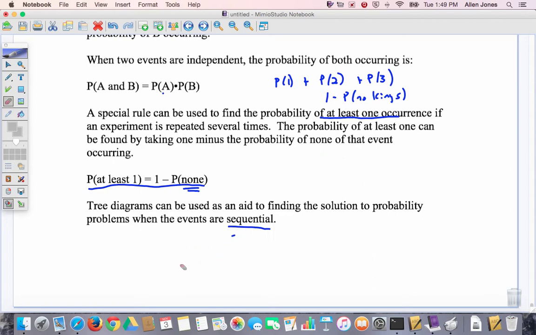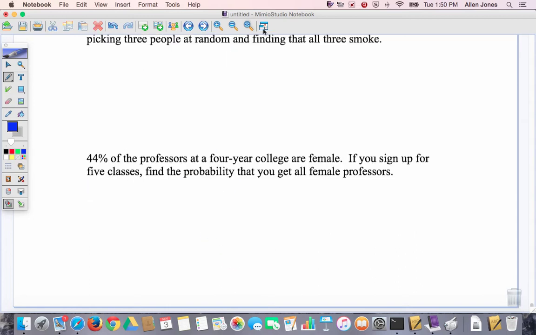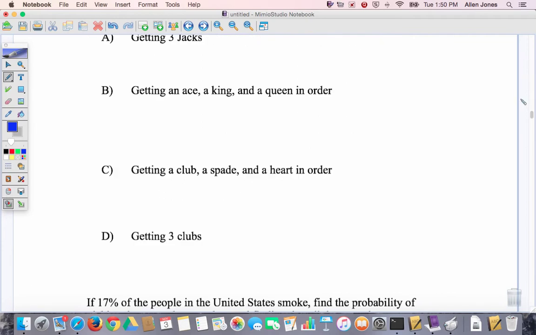I'm going to say it's probably used in two key areas. Number one, when we have events that happen in a sequential order, as I already talked about, or you might even use a tree diagram when you simply have to sort information out because there are so many different paths you can take. So a tree diagram can be useful to help sort information out.